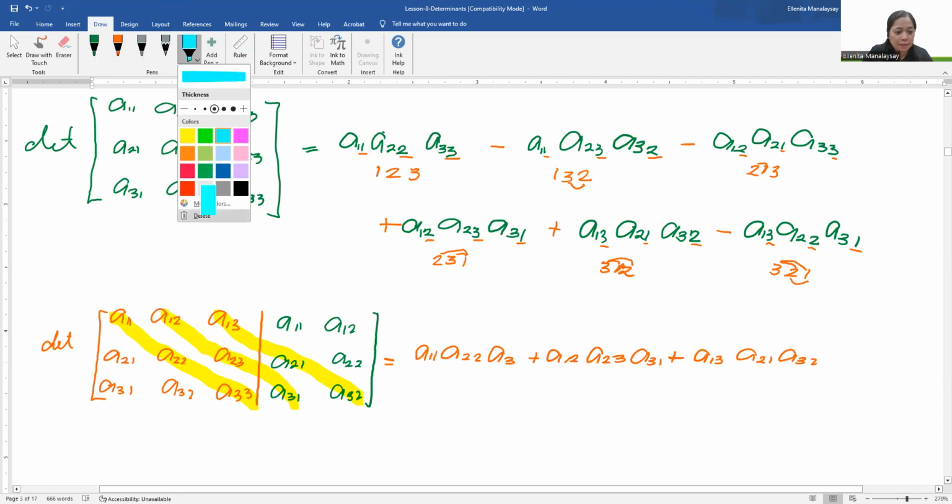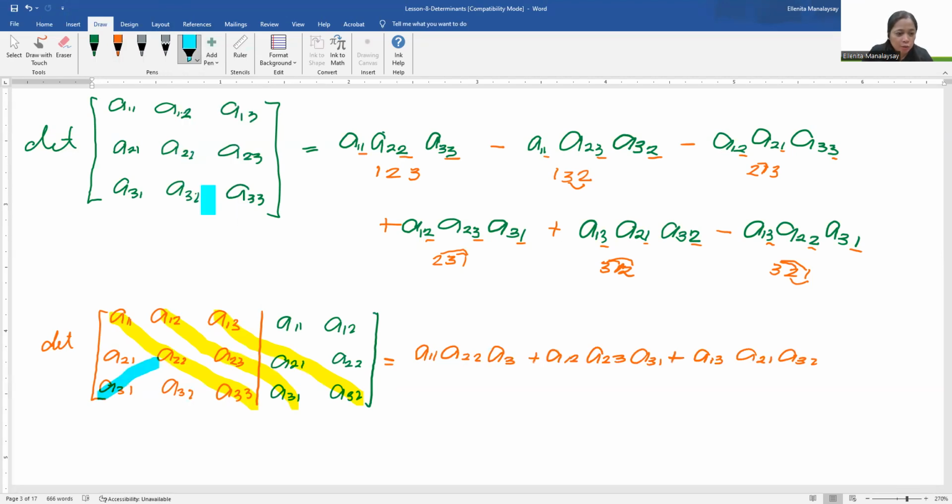So the upper one, what is that? So this, and this. Okay. So that will give us, and the sign, we take the negative sign.